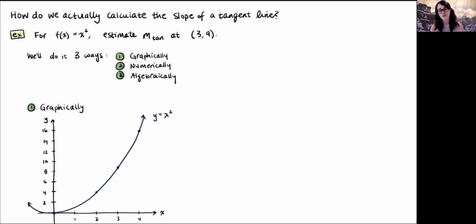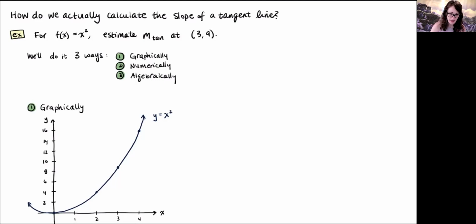However, when we develop the actual best way of doing this, we're not going to use the graphical method or the numerical method. We'll have a better way that will basically be the algebraic method. So this is just for the sake of understanding what's going on. We'll look at the graphical and numerical way.